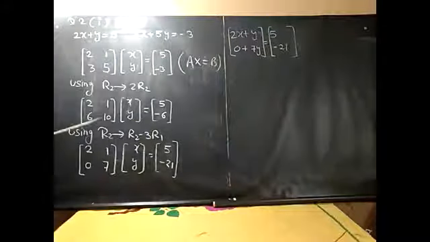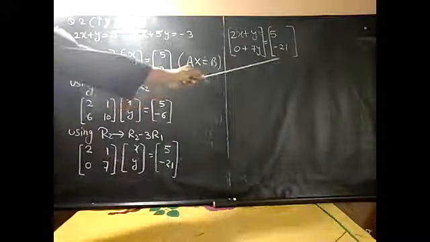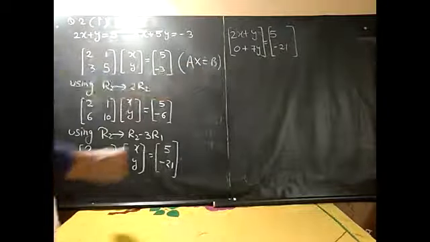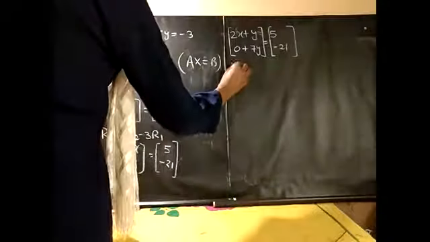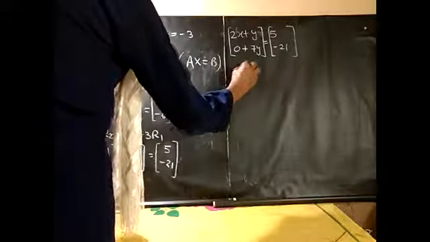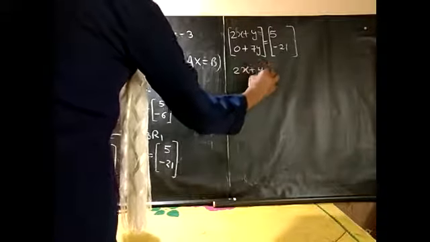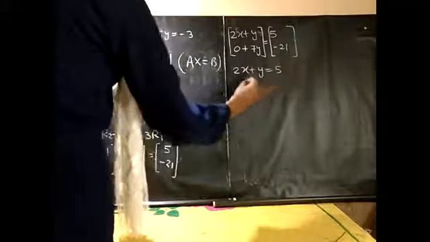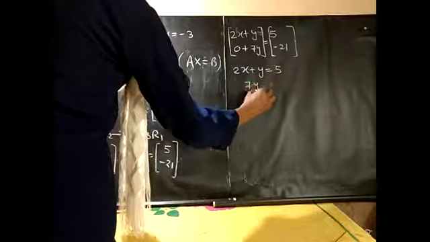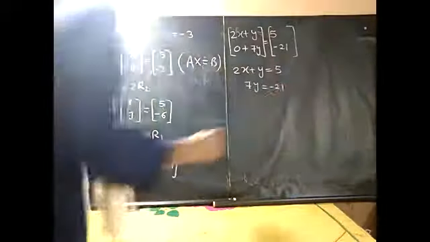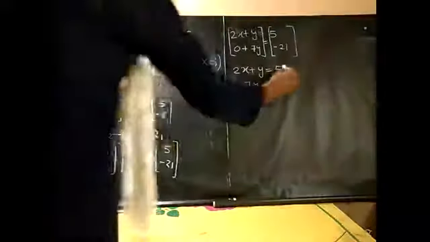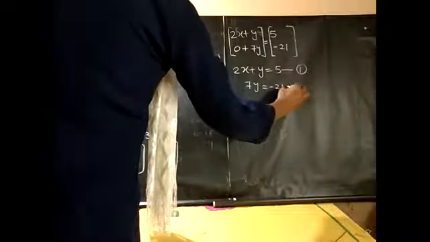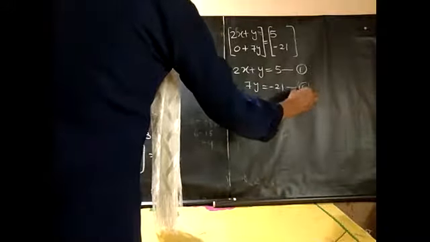Okay children. Now by equality of matrices, you can say 2x plus y is equals to 5 and 7y equals to minus 21. Give it equation number 1, this one equation number 2.